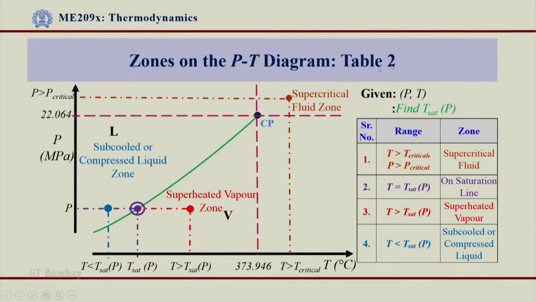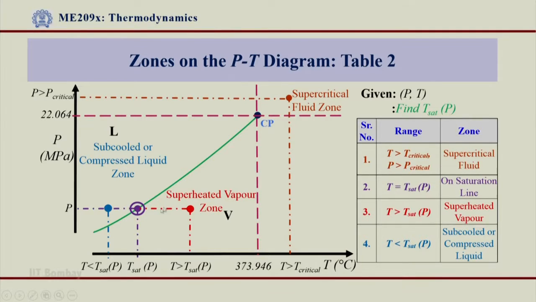Yes, this is table 2 and we are comparing T with T sat P, and this is the third condition. If the temperature, which in our case is 150 degree centigrade, and T sat P is 99.606, we know that 150 degree centigrade is more than 99, and therefore we are in the superheated vapor zone.